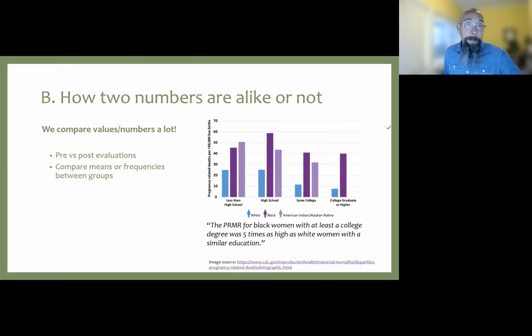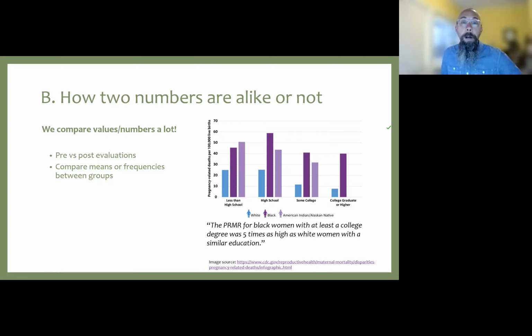But inevitably, there's going to be a time when you have two numbers and you would like to talk about them both together, right? So this is the story about how two numbers are alike or how two numbers are different. So when you have that scenario, in other words, what I'm trying to emphasize here is you're making a comparison between numbers, right? So we compare values and numbers a lot.